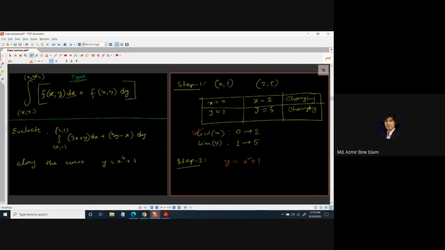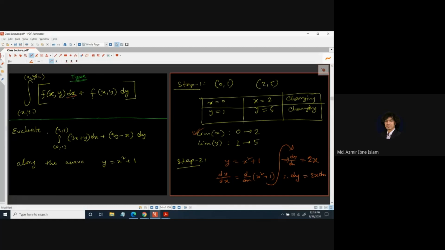Since we have chosen x as the limit, we have to differentiate in terms of x. So we get dy by dx: differentiation of x squared is 2x, differentiation of 1 is 0. So finally dy is becoming 2x dx.